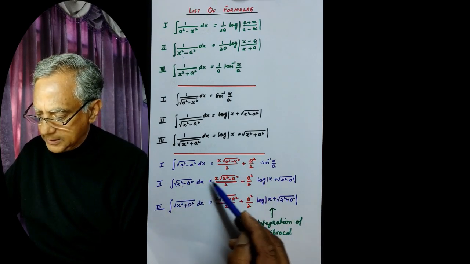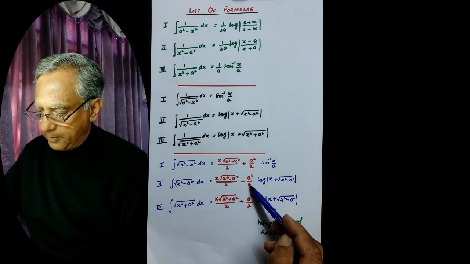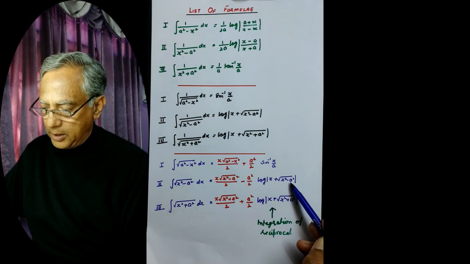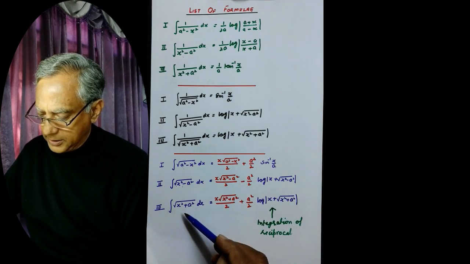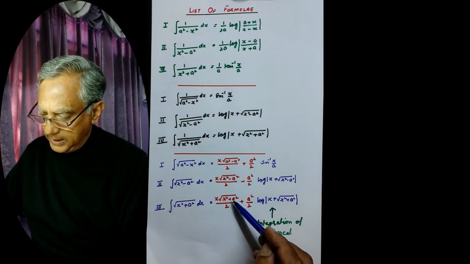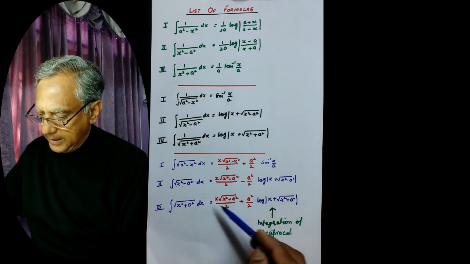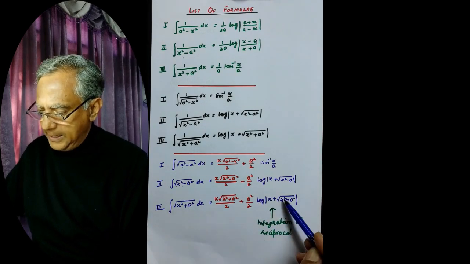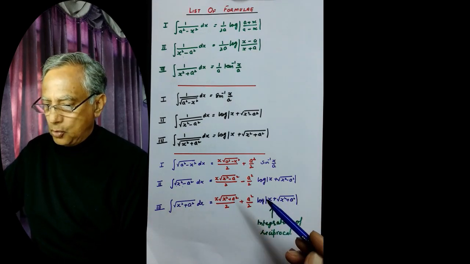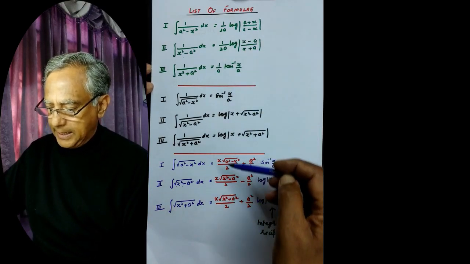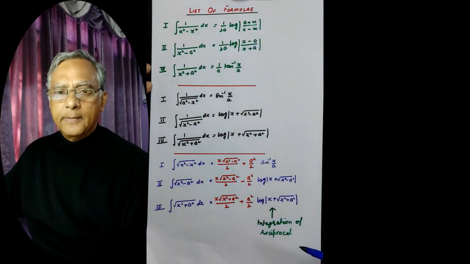X into this by 2 minus a square by 2 and integration of reciprocal is log of x plus under root x square minus a square. And similarly in this case, x into this by 2 plus a square by 2 and integration of reciprocal of this. So now you can memorize these sets of formulae.